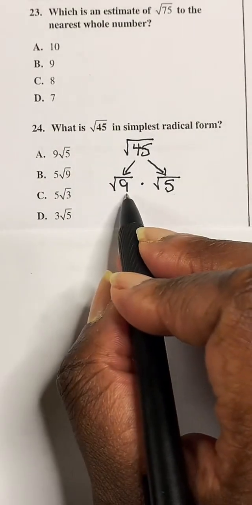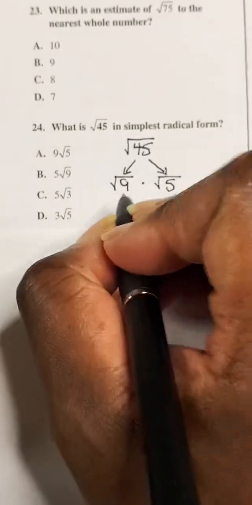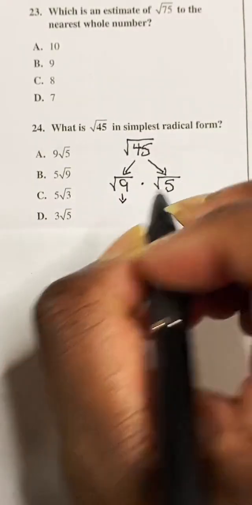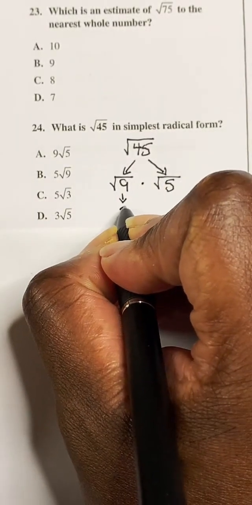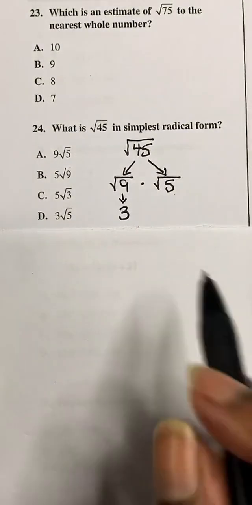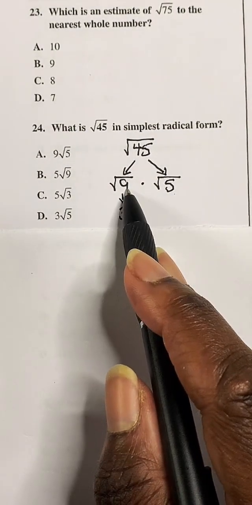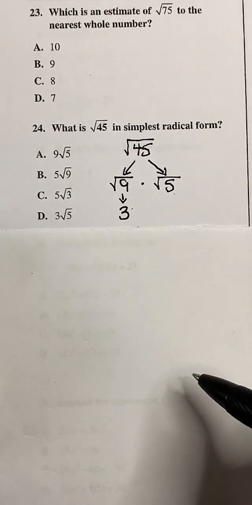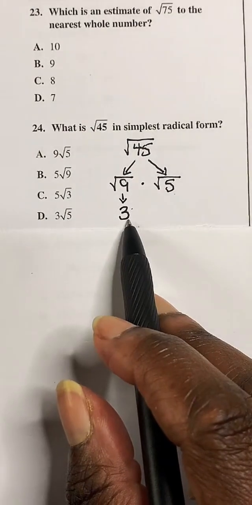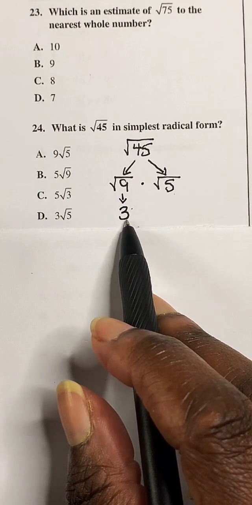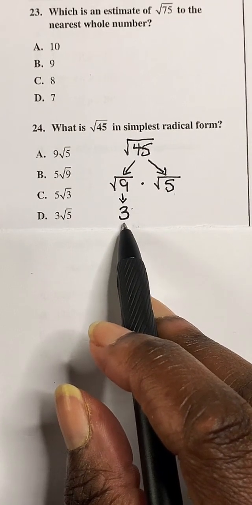Now, 9 is a perfect square. So the square root of 9 is going to give me a number multiplied by itself, which is 3. Okay, 3 squared, 3 times 3, gives me 9. That's what makes it perfect. Now that it's a perfect square, it no longer needs to be underneath the square root.